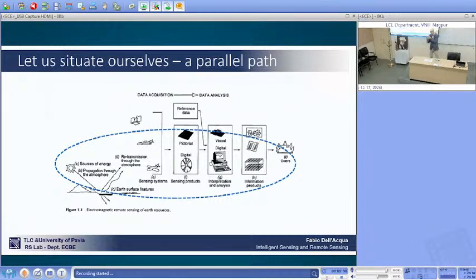What changes here is just the way you break down the spectral information, the spectral response of the object that you're looking at. And as we will see, this, which at first sight seems just a technical difference, actually makes a difference also in terms of how you handle the information.